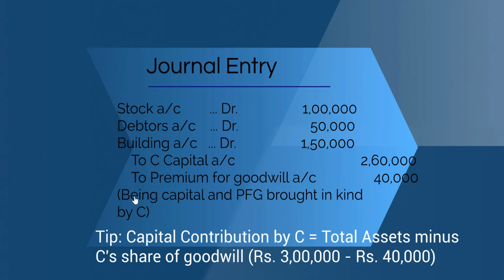Since the premium for goodwill is 40,000, the difference is the capital contribution by C, that is rupees 3 lakh total assets minus C's share of goodwill rupees 40,000, coming up to rupees 2 lakh 60,000. So we'll credit C's capital account rupees 2 lakh 60,000 and premium for goodwill rupees 40,000. Narration: being capital and the premium for goodwill brought in kind by partner C.